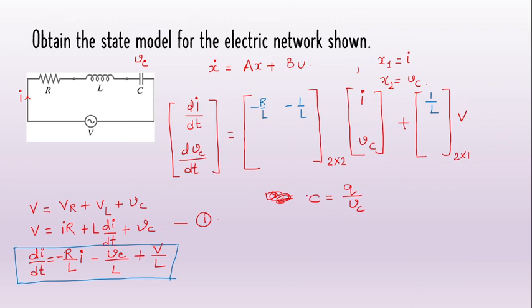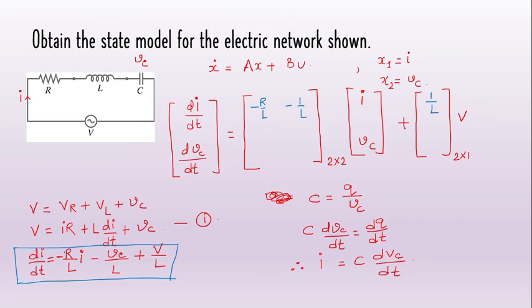Now if I take the derivative on both sides, I get C dVc by dt equal to dQ by dt. Now this rate of change of charge is giving me my current. So this is the current flowing through the capacitor, that is I in this circuit. So I can write I is equal to C dVc by dt.